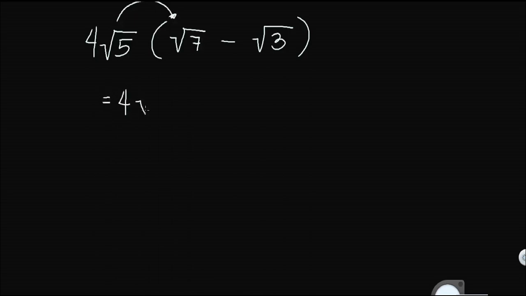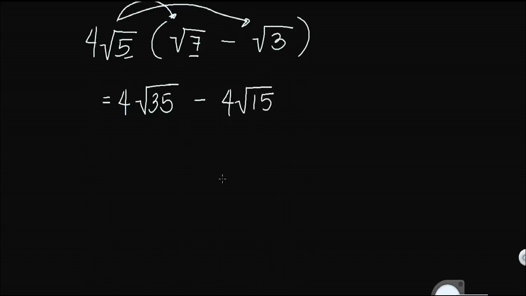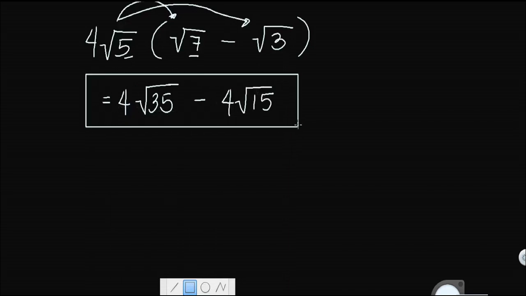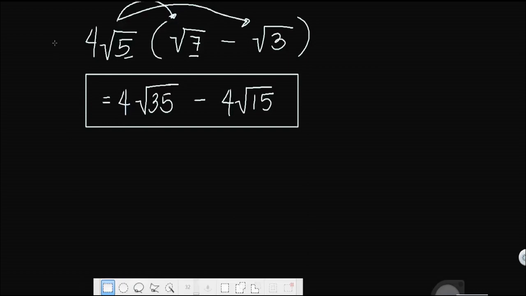That is 4 square root of 5 times 7. That is 35. Minus, yung second term naman natin, 4 square root of 5 times square root of 3. That will be 4 square root of 15. So 5 times 3 is 15. Okay, I think that is the final solution kasi wala na kailangan i-simplify pa dyan.